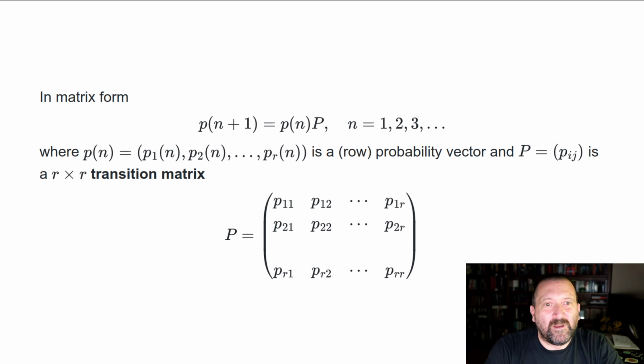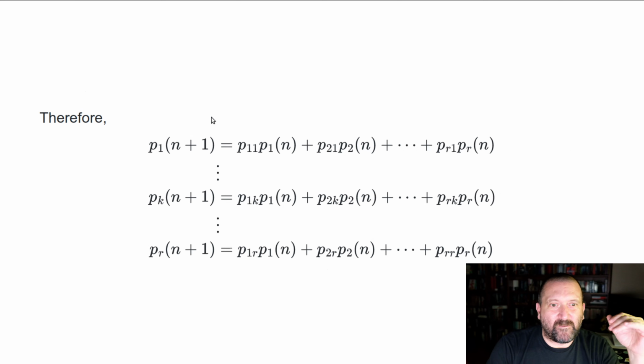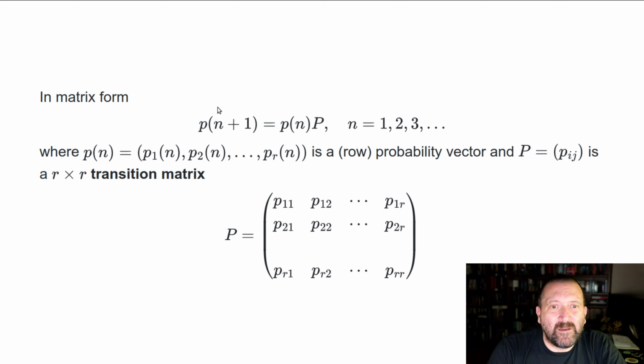Okay, so if I look at it in matrix form, if I think in terms of a row vector, I can write this as the probability at time n plus 1, where probability is this row probability vector, is the probability at time n times some matrix P, and that matrix P is what we call the transition matrix.